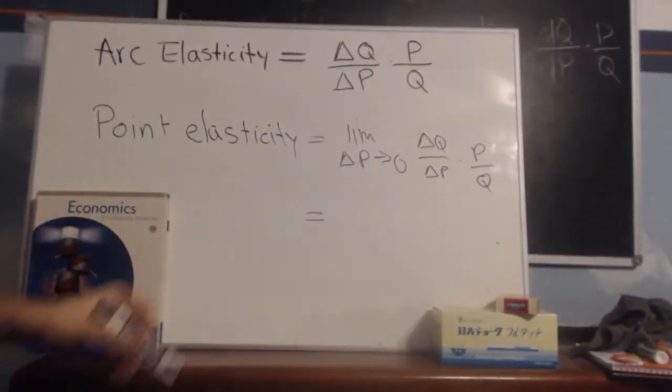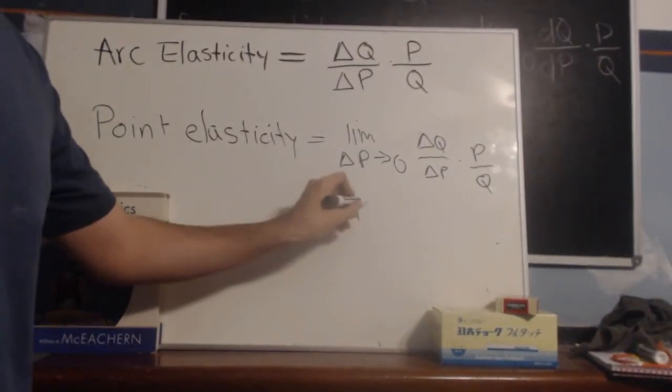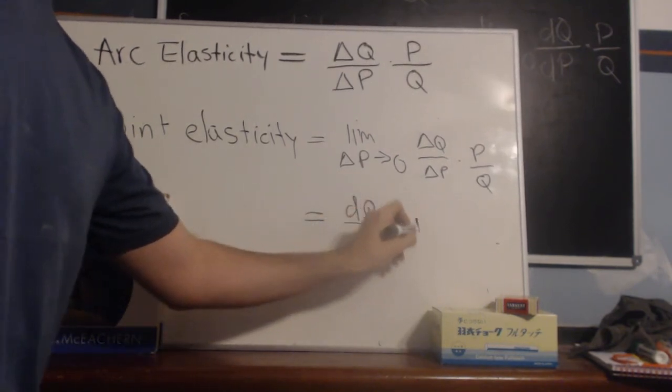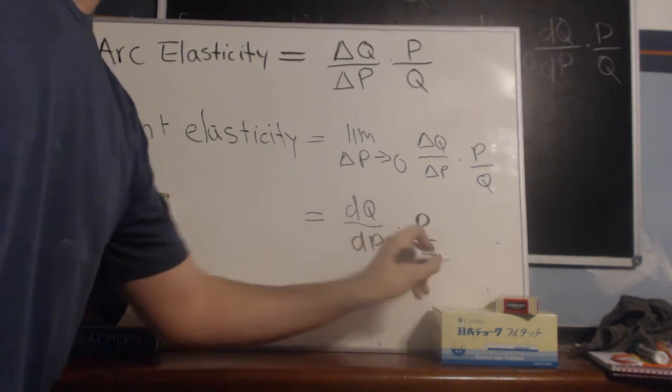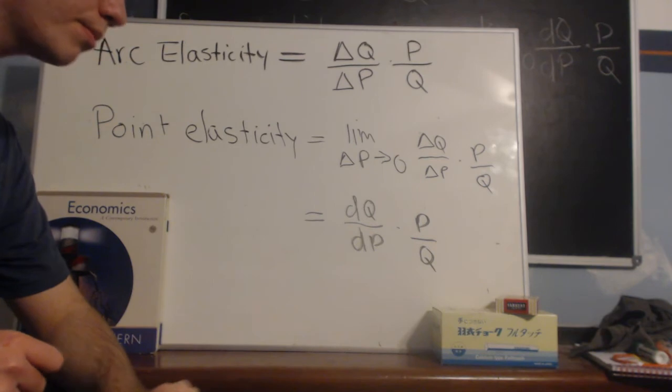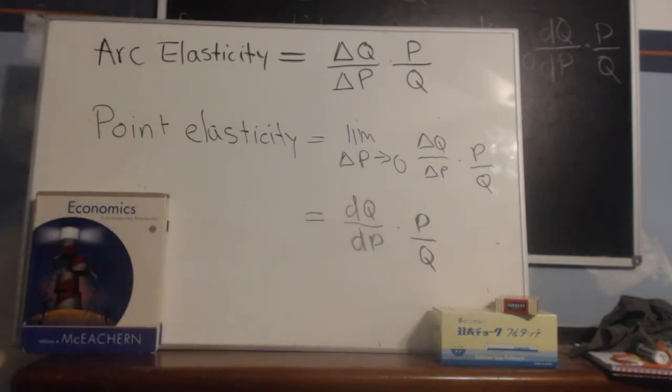Well, that's just the derivative. That's just the differential dQ by dP times P over Q. Since this is the slope of the function at a single point, we only need one point here.